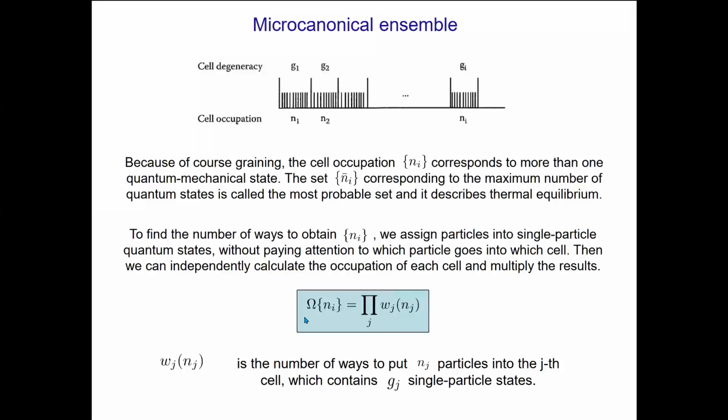And then the total multiplicity will obviously be simply the product over all cells. If we have 5 ways to put particles here, 3 ways to put particles here, 4 ways to put particles here, then the total number of ways, the total omega, will be simply the product, 3 times 5 times 4, which is equal to 60.